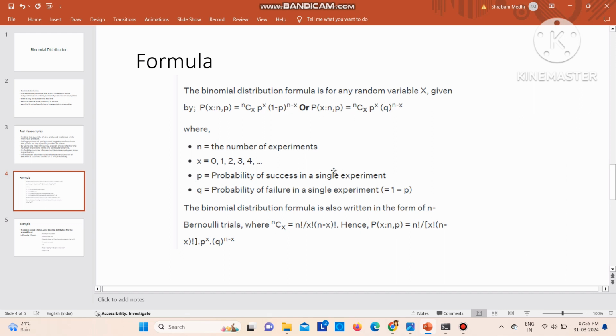So q is the probability of failure in a single experiment. Then by Bernoulli's trial, this nCx can be written as n factorial divided by x factorial times (n minus x) factorial. So hence the binomial distribution formula becomes, in place of nCx we just put this value, and it becomes like this.